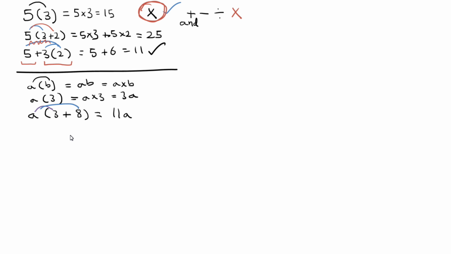A times 8 is 8A. So you have 3A, well, let me do that one in purple, 3A plus 8A, which is 11A, and it makes that.